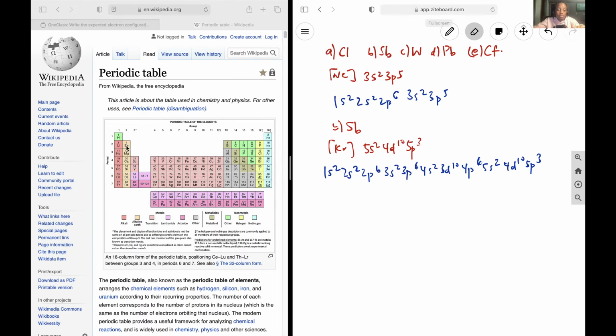So 1s2, 2s2, 2p6, 3s2, 3p6, 4s2, drop the number down by 1, so 3d10, 4p6, and then 5s2, 4d10, drop the number by 1, remember, and then 5p3 to get to Sb.